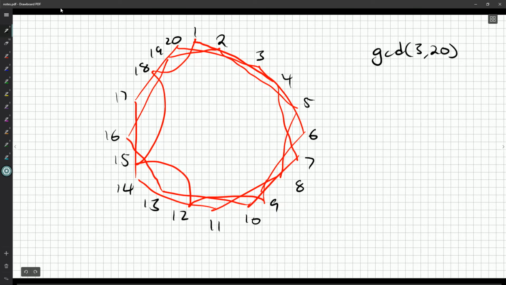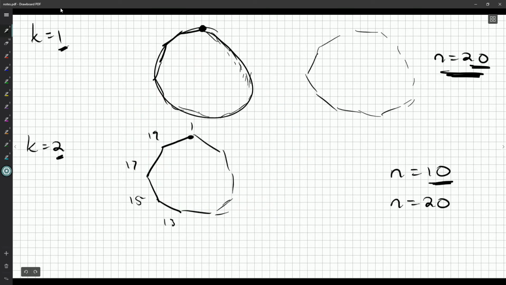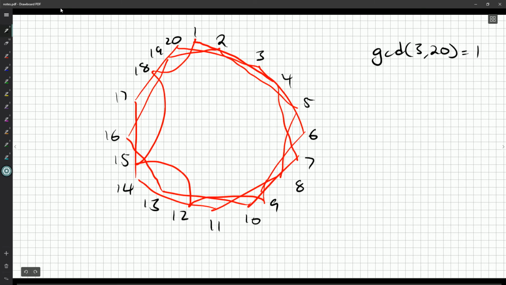the GCD of 3 and 20 is 1. So it acts the same as though k were 1, is what I'm trying to say here. I think the GCD of k and 20, if you divide 20 by that, should be the minimum n value for k.